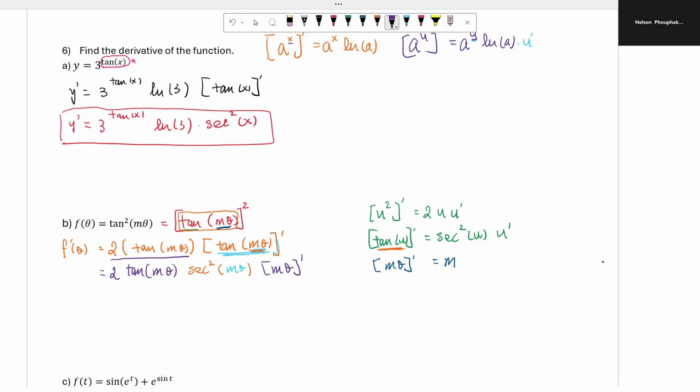So now my result will be 2 tangent of m theta secant square m theta, and the derivative of m theta is m. Let me rewrite this. It will be 2m tangent of m theta secant square m theta.